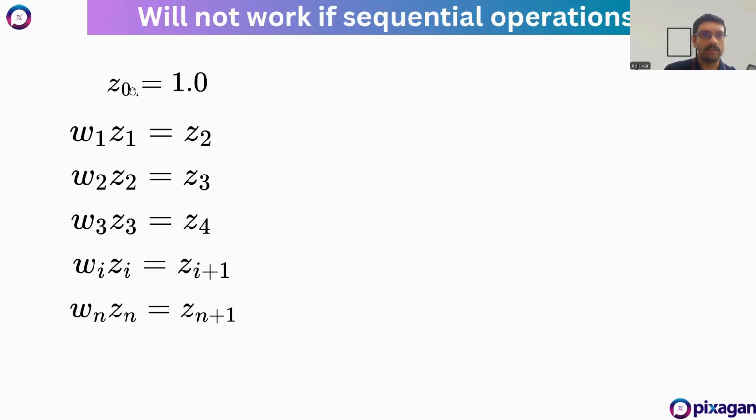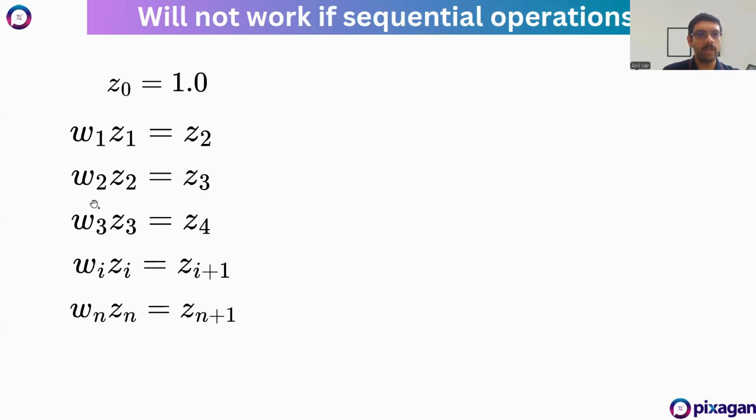Well, Z0 is fine, but to get Z2, which is required here, you need to first compute this. So you can't parallelize this because you don't know Z2. You can't use a NumPy matrix operation because you don't know Z2 till you compute this, and you don't know Z3 till you compute this. So in this case, doing a simple vectorization is not going to work.